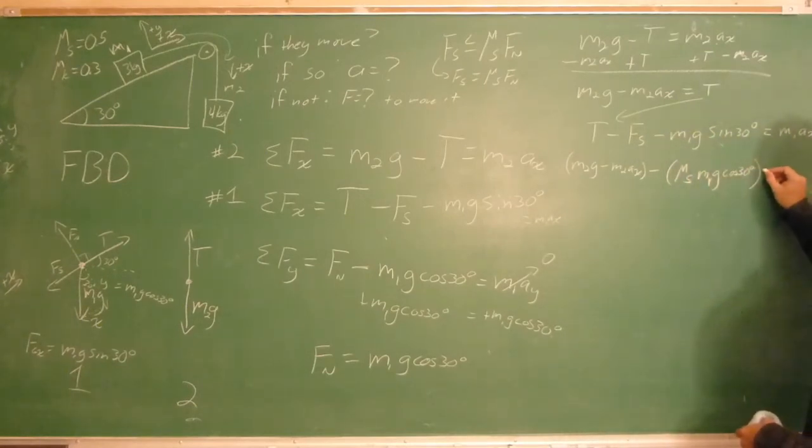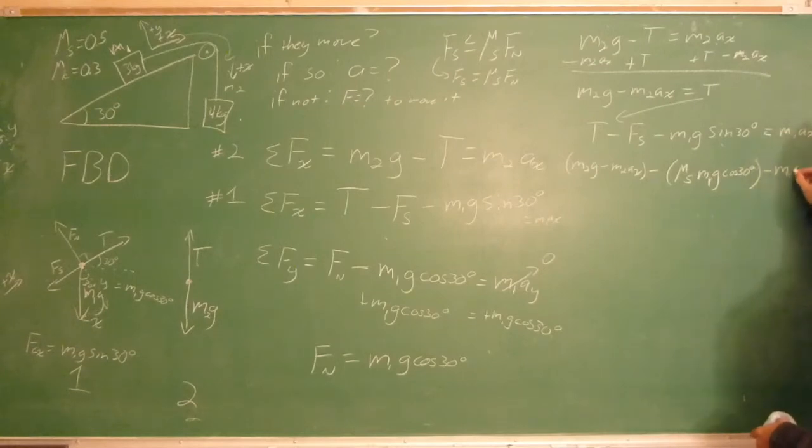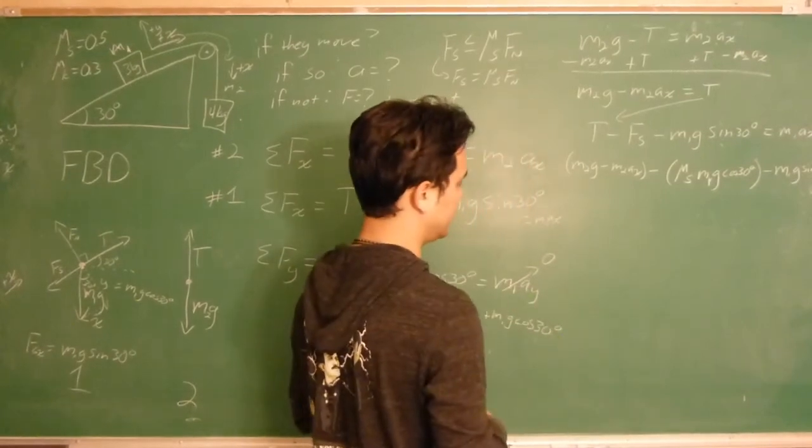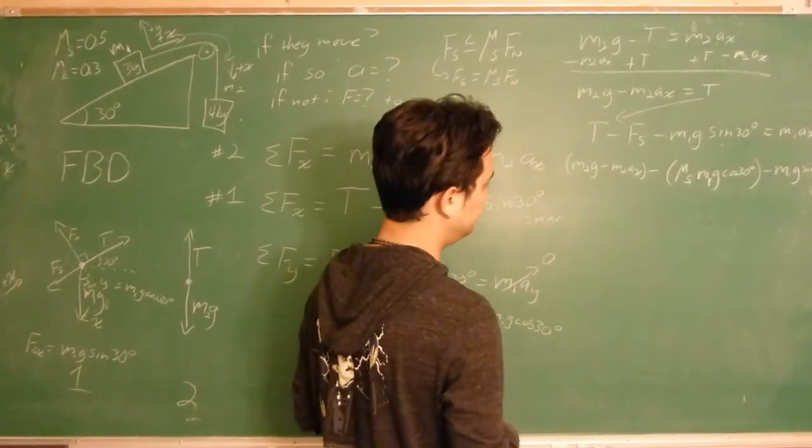Alright, minus mass 1 times gravity times sine 30 degrees equals mass 1 times acceleration in the x. Alright, well this is a little bit of a mess, so let's start plugging in some numbers so that we can cut down on this sum.